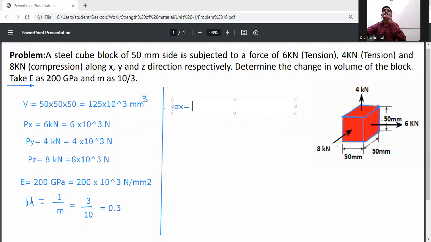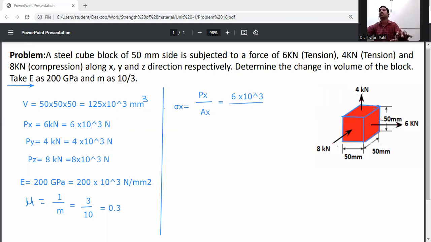That is sigma x is equal to Px divided by Ax. Here it is actually a cube, so the cross section will be the same. Force in x direction is 6 kilonewton, 6 into 10 raised to the power 3. Take the cross-sectional area for Ax, this area.